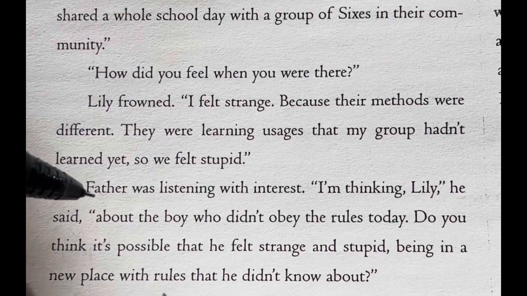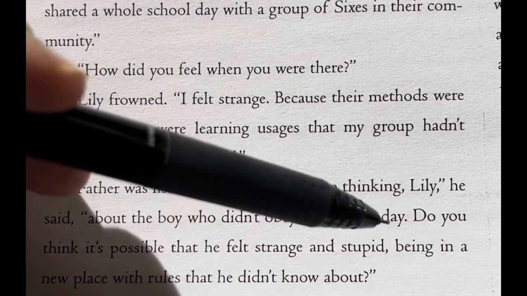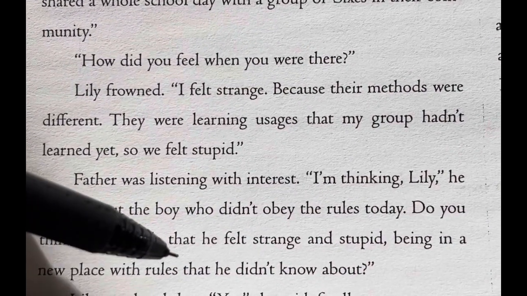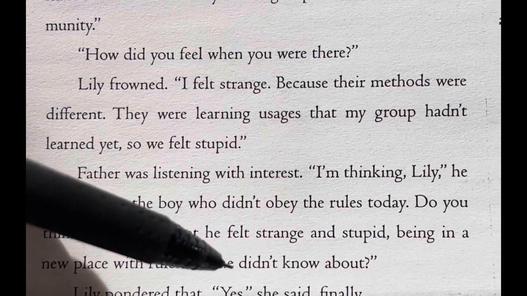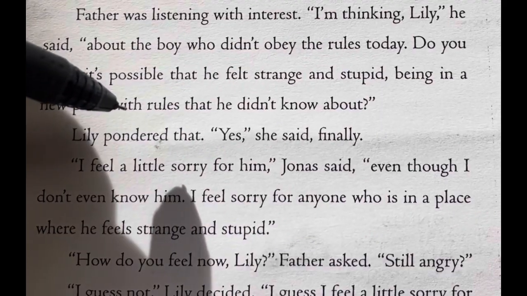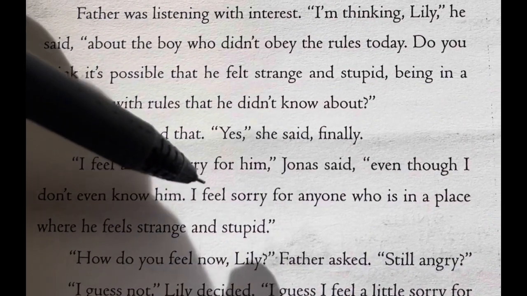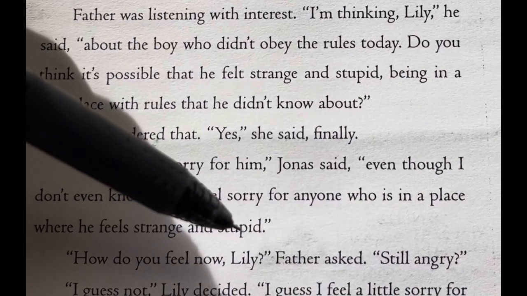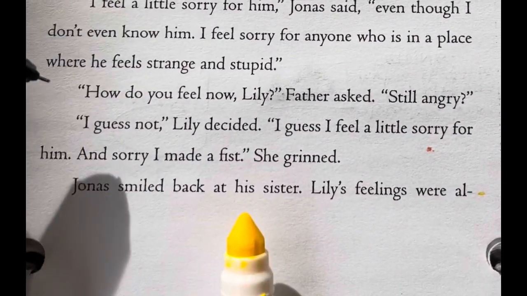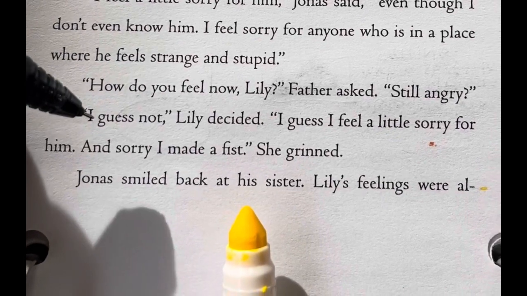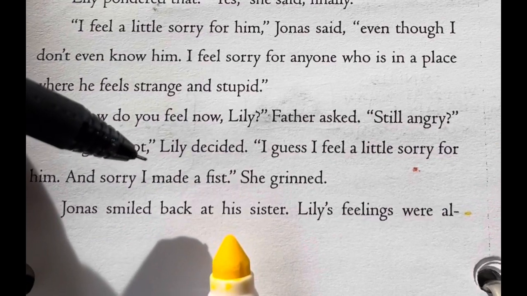I'm thinking, Lily, he said, about the boy who didn't obey the rules today. Do you think it's possible that he felt strange and stupid, being in a new place with rules that he didn't know about? Lily pondered that. Yes, she said finally. I feel a little sorry for him, Jonas said. Even though I don't even know him, I feel sorry for anyone who's in a place where he feels strange and stupid. How do you feel now, Lily? Father asked. Still angry? I guess not, Lily decided. I guess I feel a little sorry for him, and sorry I made a fist.